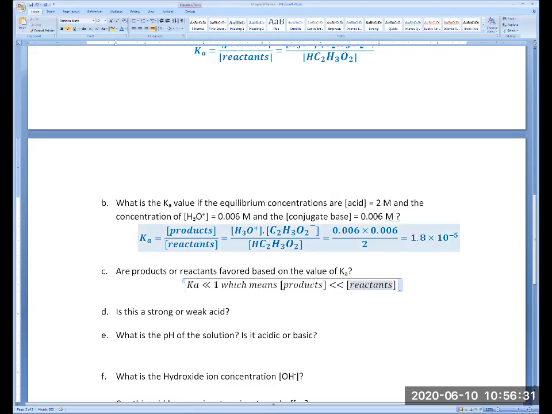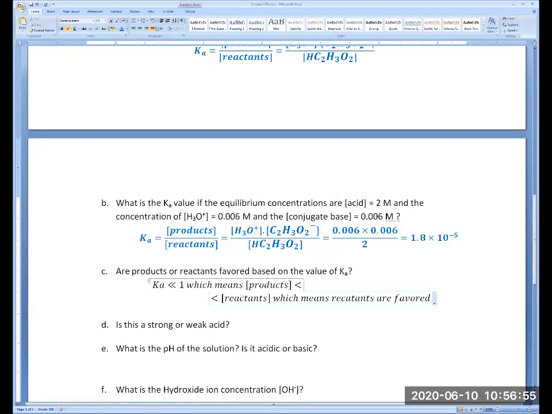Because from the Ka expression, we know that means we have a very small numerator and a very large denominator. Which means reactants are favored.